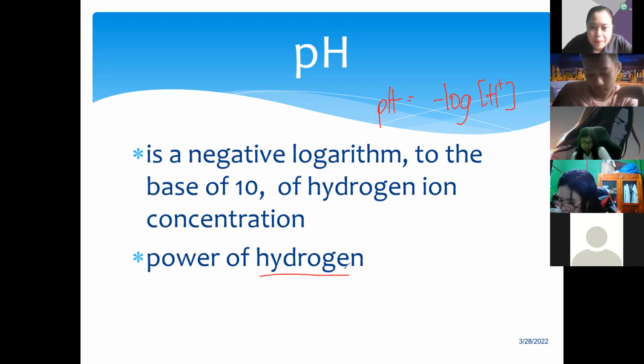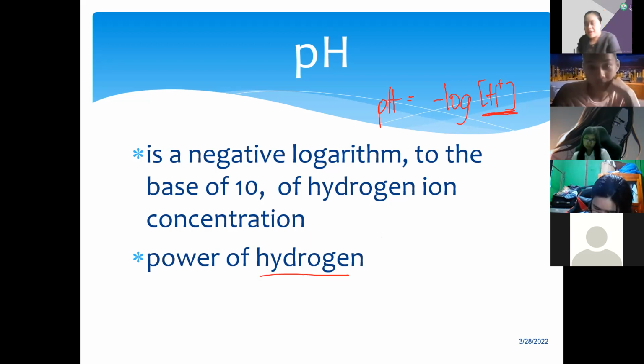Since this is called the power of hydrogen, then again, if you want to compute for the pH, you need the concentration of the hydrogen ion. The hydrogen ion is being dissociated from an acid if it is placed in an aqueous solution. Do not forget, ang meaning ng pH ay power of hydrogen.